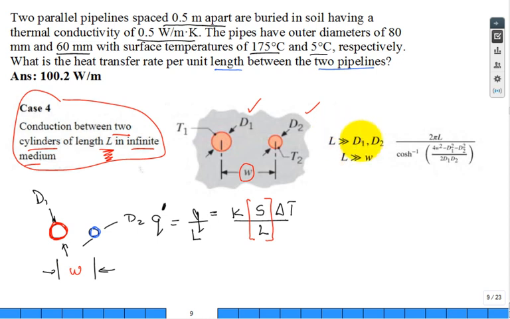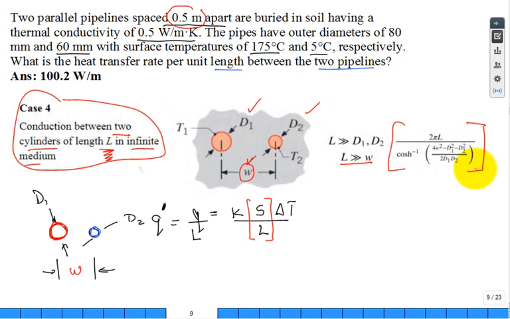Check that the length is much, much greater than D1. Well, yeah, very long pipes. And then also the length needs to be much, much greater than the separation. So we need to be talking about more than 5 meter length of the pipe for this to apply. But here's the equation for the conduction shape factor.